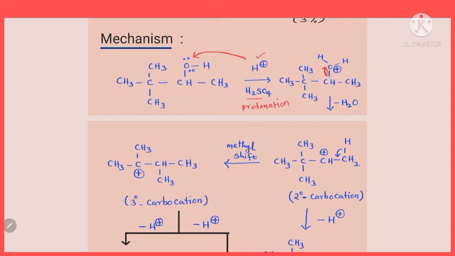The H plus produced by sulfuric acid is added to this alcoholic oxygen, so you get a protonated alcohol. The oxygen is given a plus charge because only the oxygen shares both electrons to make the bond between oxygen and hydrogen.